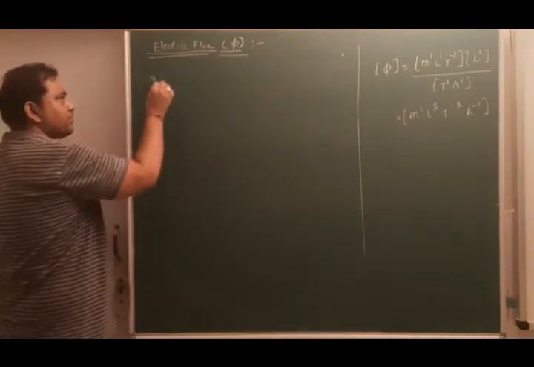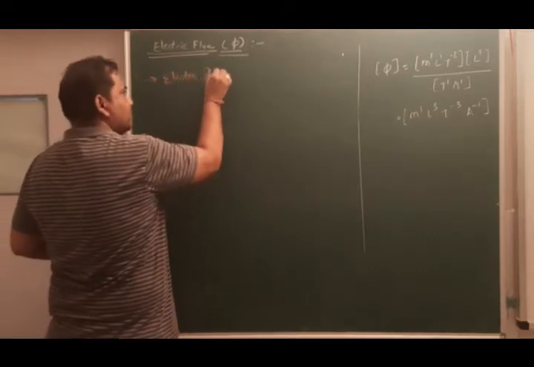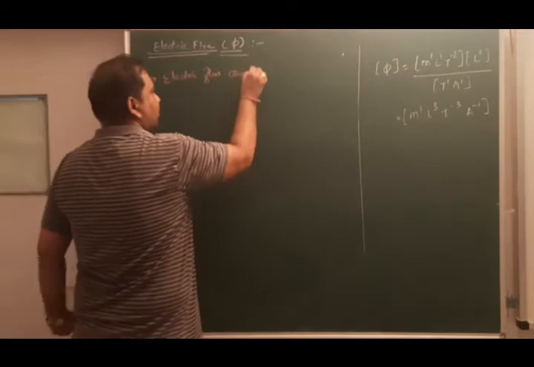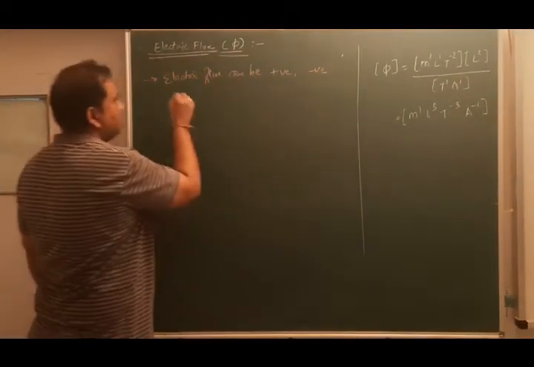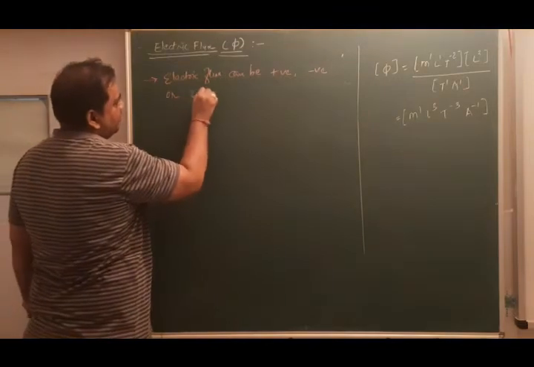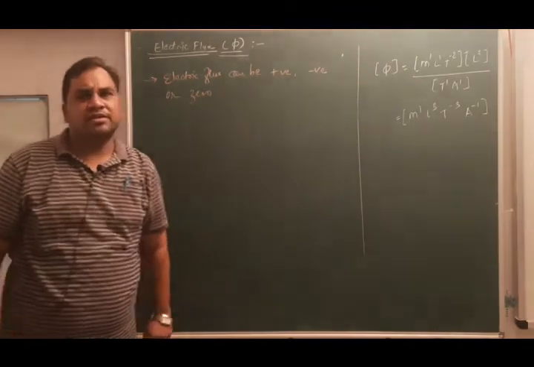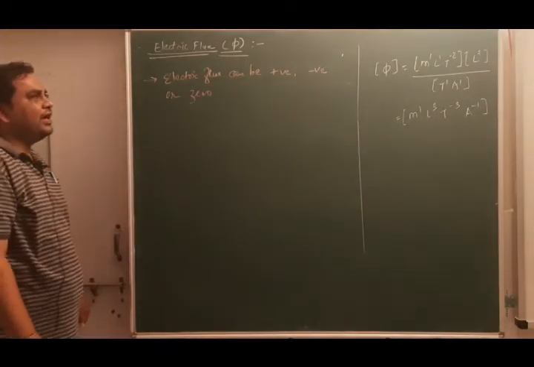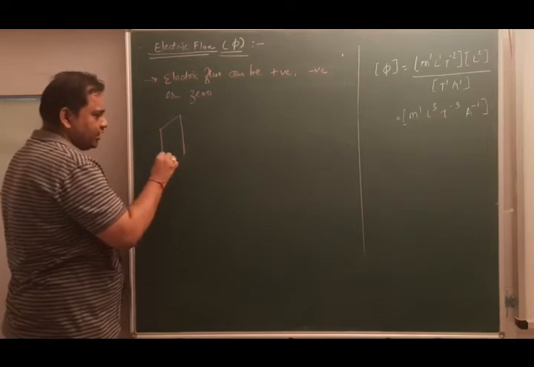So electric flux can be positive, negative or zero. Electric flux, it can be positive, it can be negative, it can be zero. We just discussed different situations over here.